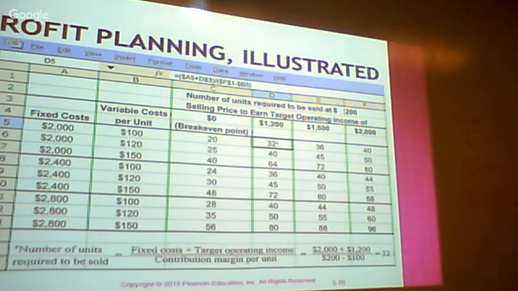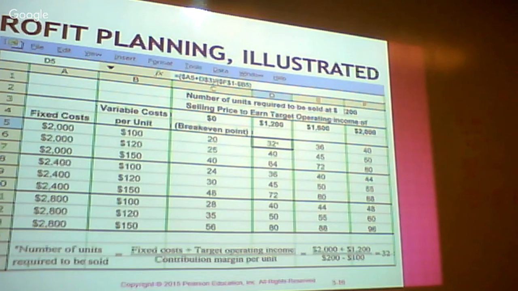But if the contribution margin was $81, and I got 24.555 or 24.333 or whatever I get, I have to round up. That's the key there. You always have to round up. If your number of units is a decimal, you have to round up to the next one.